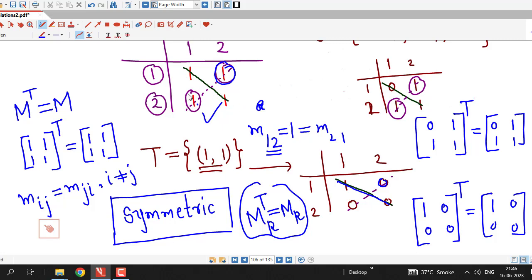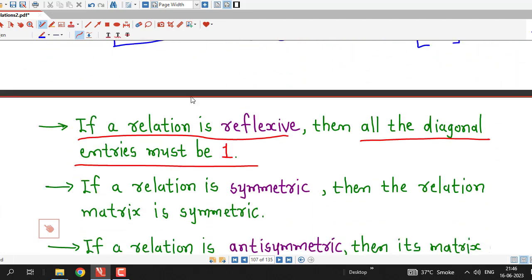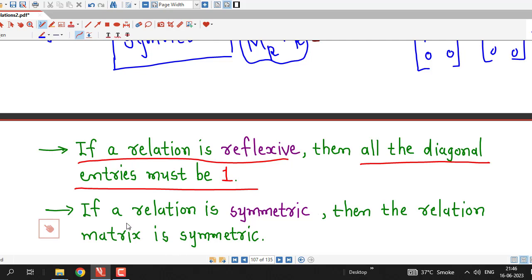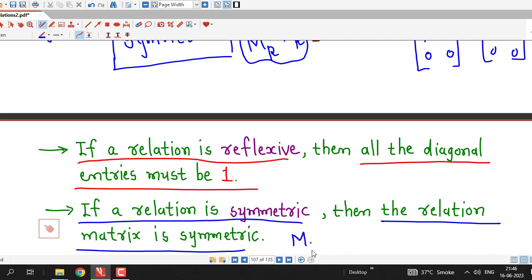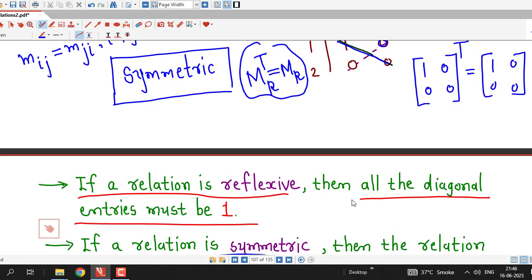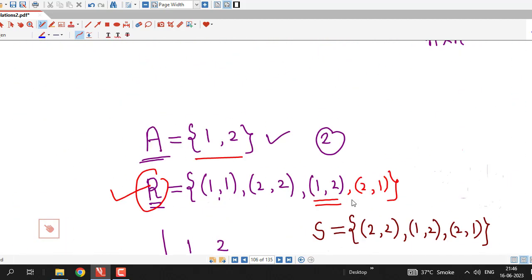They can be either 0 or 1. So this is the second property which we can decide from the relation matrix. If a relation is symmetric, then the relation matrix is also symmetric, that is, the transpose of the relation matrix is the relation matrix itself. And the last one is the antisymmetric property.